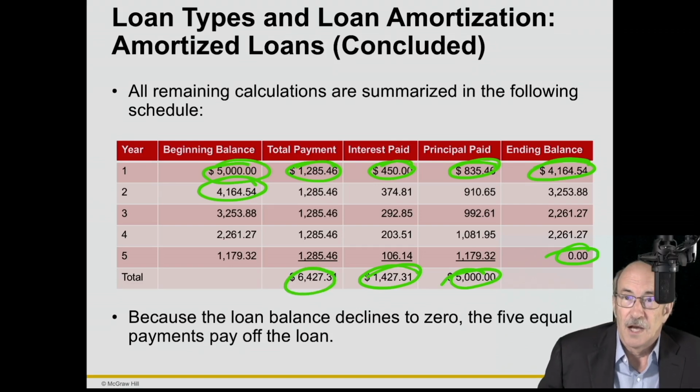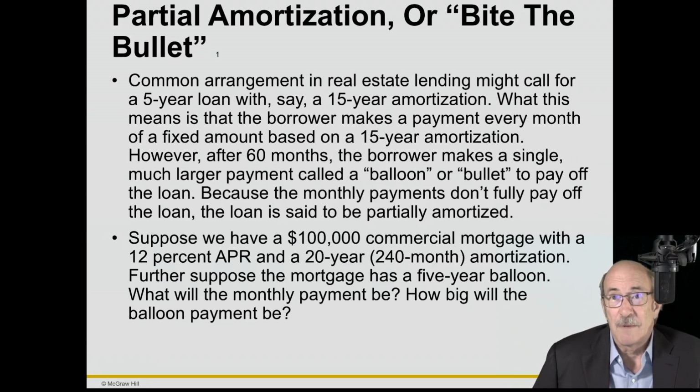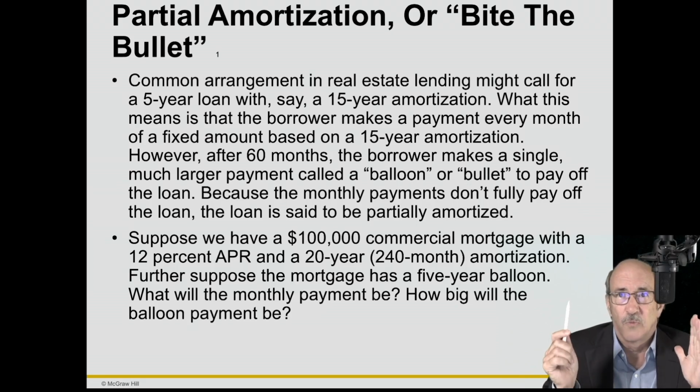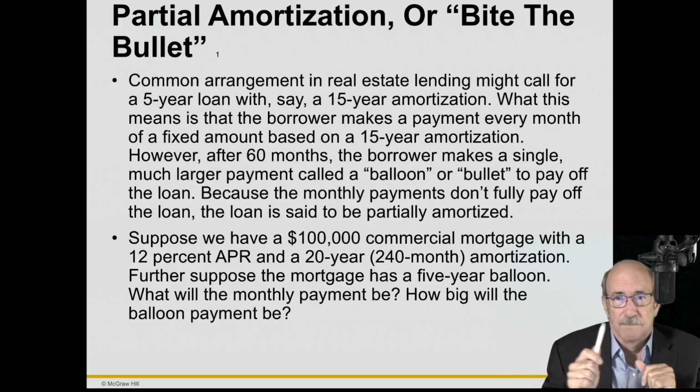All right. Another type of amortization that gets done is a little more problematic. This type of loan is potentially a much higher risk loan because it's only partially amortized. So the basic premise here is that we're going to create a payment as though it were amortized over a longer window, but we're going to make the maturity of the loan much shorter.